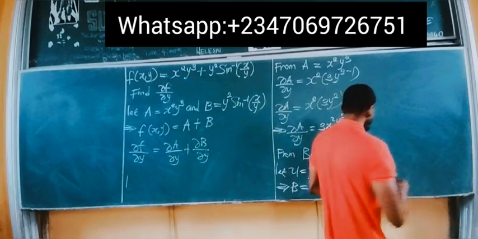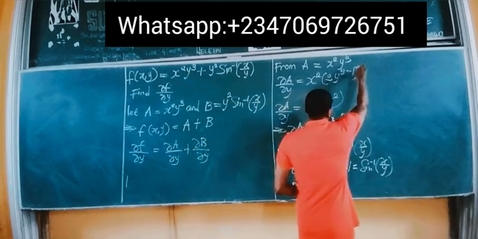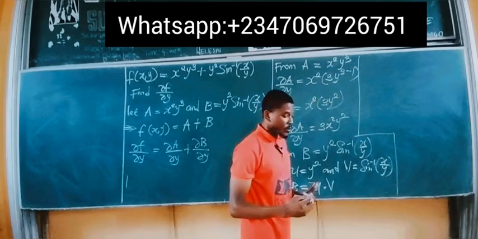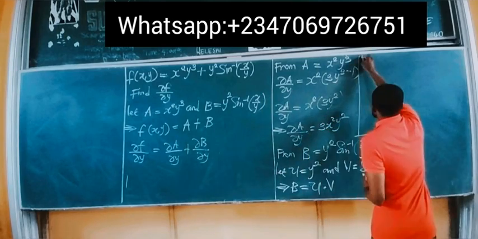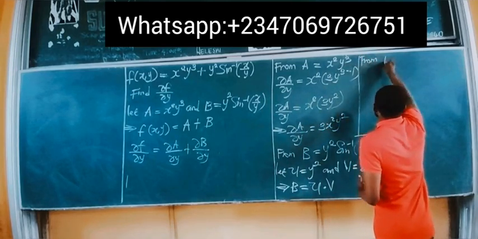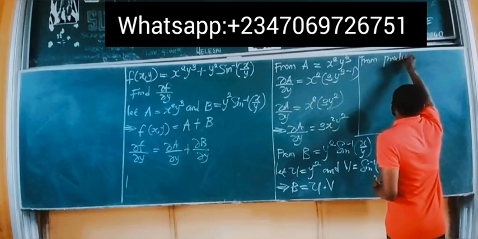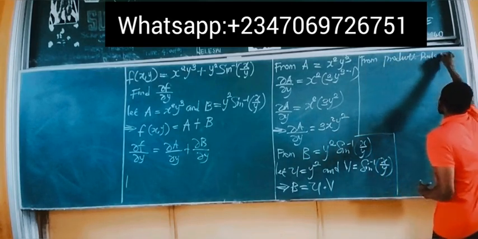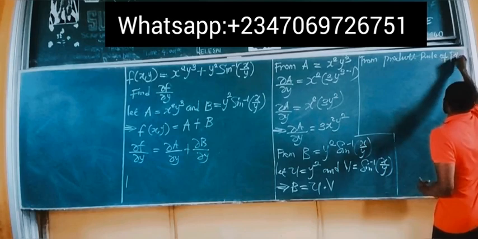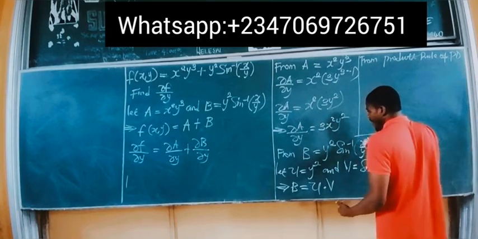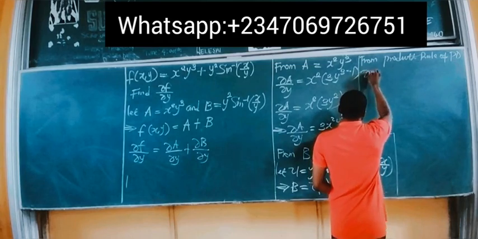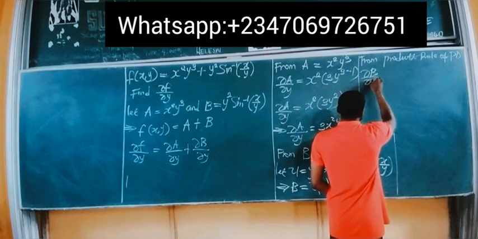All right, so now, recall from the product rule of partial derivatives, if I want to differentiate b with respect to y, that's simply partial b over partial y.